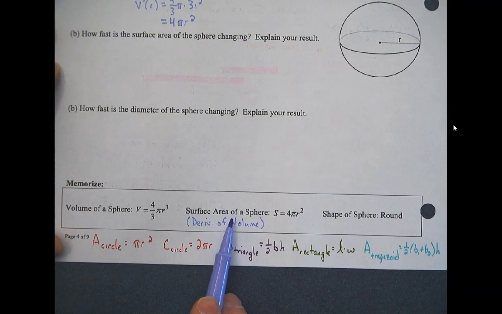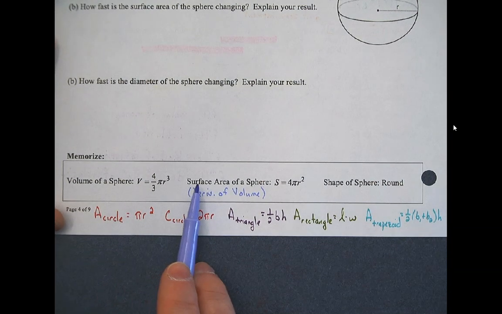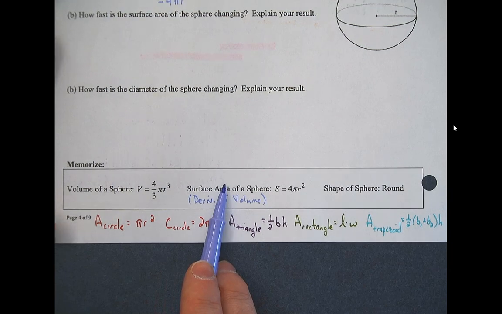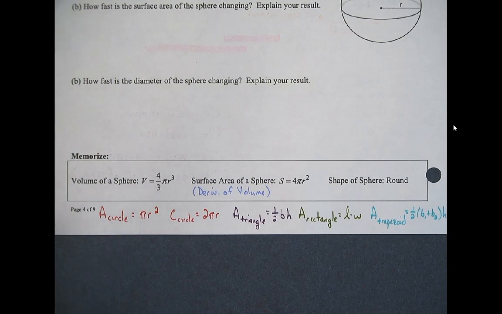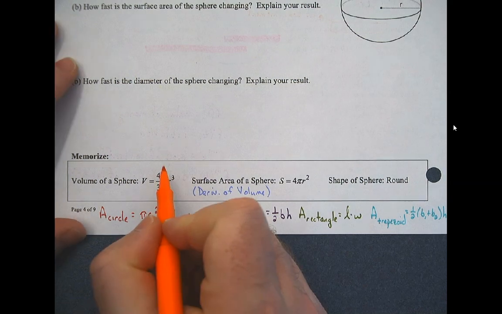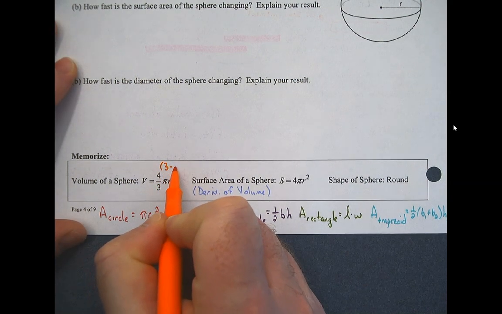So what I did as a student is I memorized this formula, and then I just remembered that surface area was the derivative. And it's kind of cool because volume is how many dimensions? This is three-dimensional. Volume is a measure in 3 dimensions.